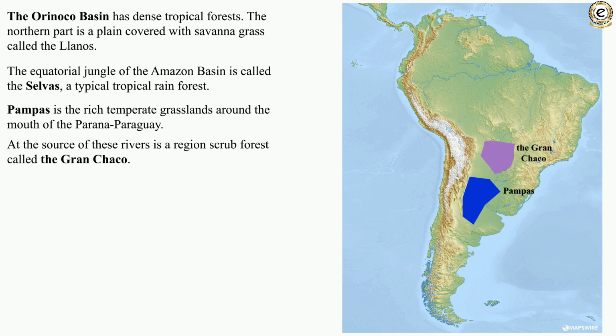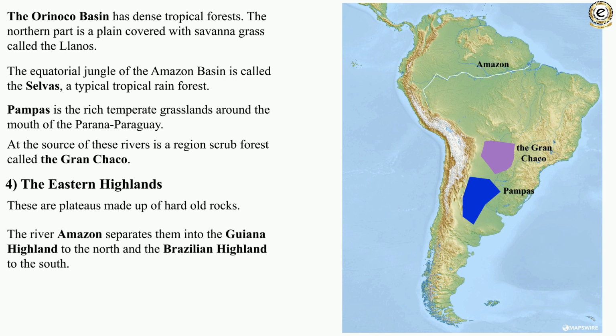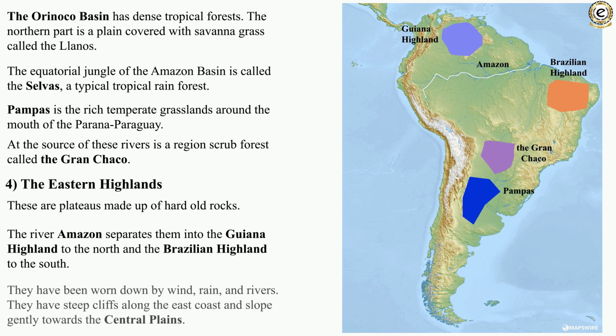Now let's look at the fourth important part, the Eastern Highlands. The Eastern Highlands are plateaus made up of hard old rocks. The river Amazon separates them into the Guiana Highland to the north and the Brazilian Highland to the south. They have been worn down by wind, rain and rivers.